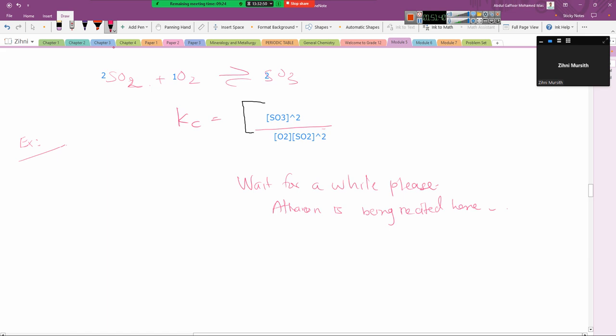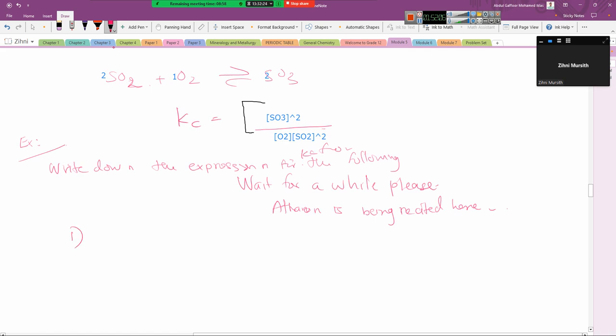So the question is: write down the expression for Kc for the following equations.